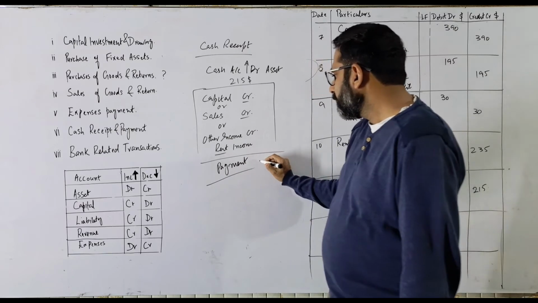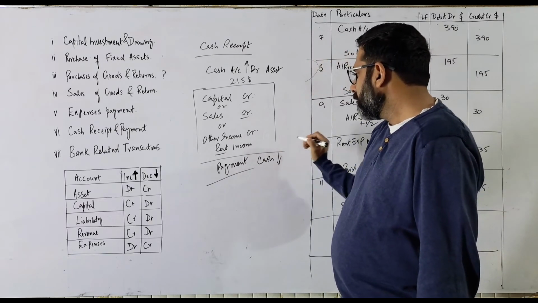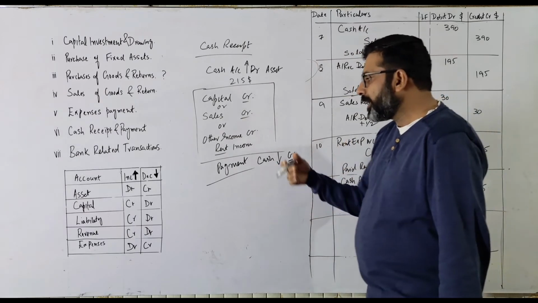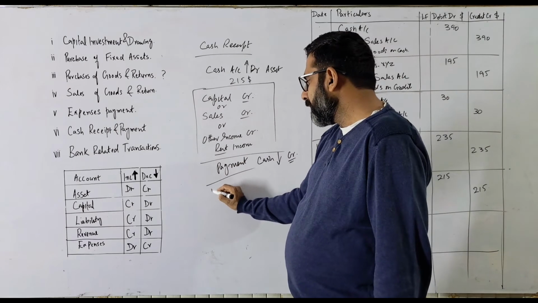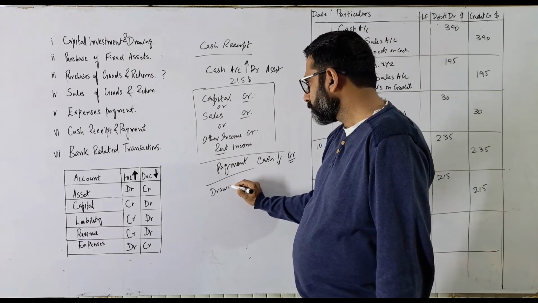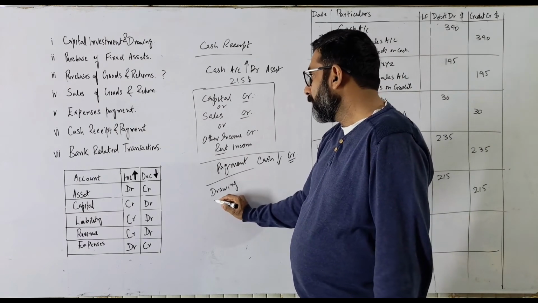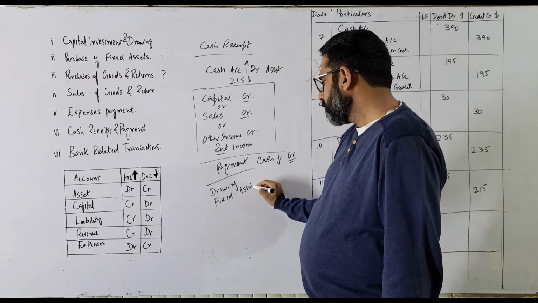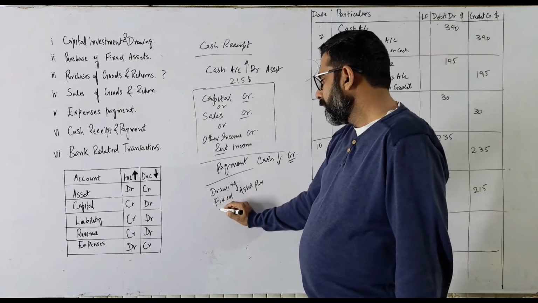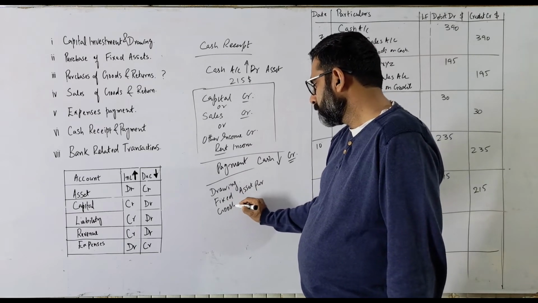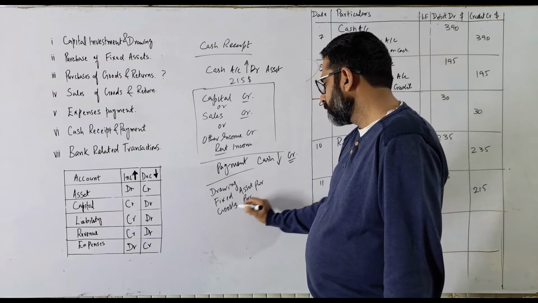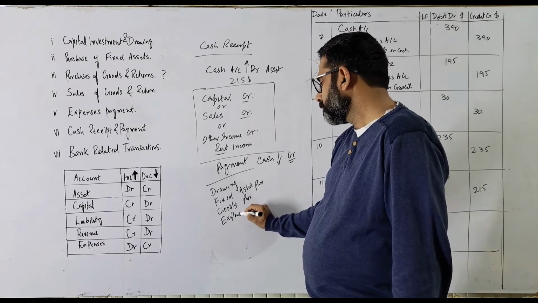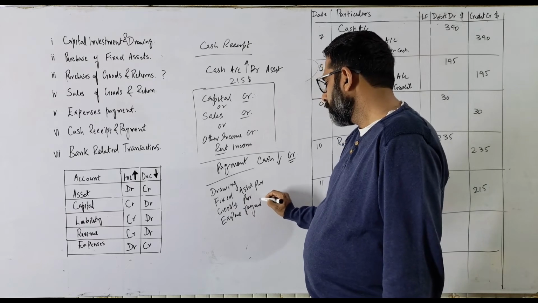okay, so what will happen? The cash will reduce, it will be credit. Now we have to write the reason why the debit, because it may be a drawing, okay, it may be a fixed asset purchase, okay, it may be goods purchase, okay, it may be any expenses payment.